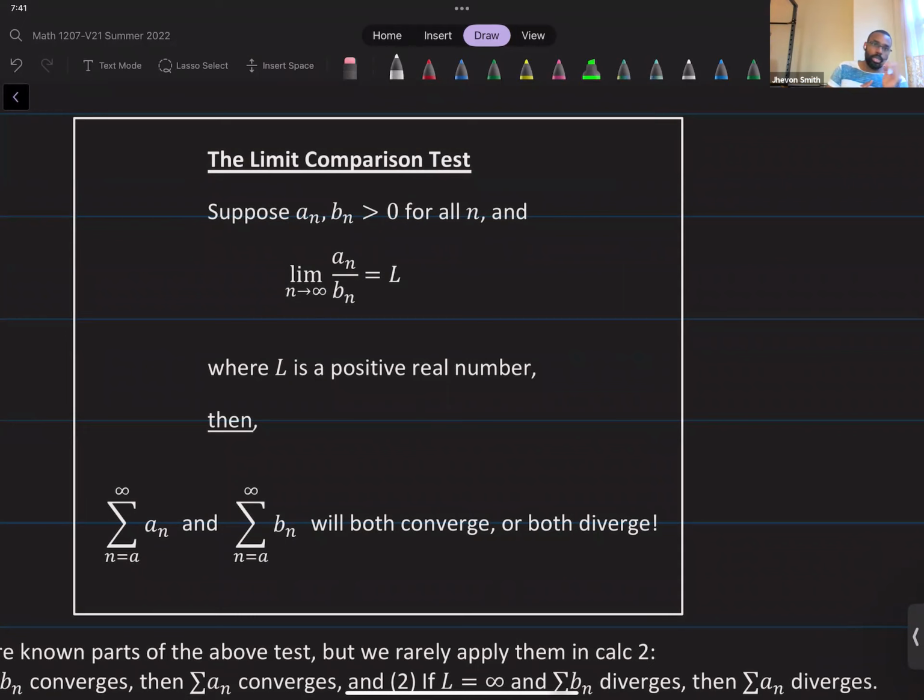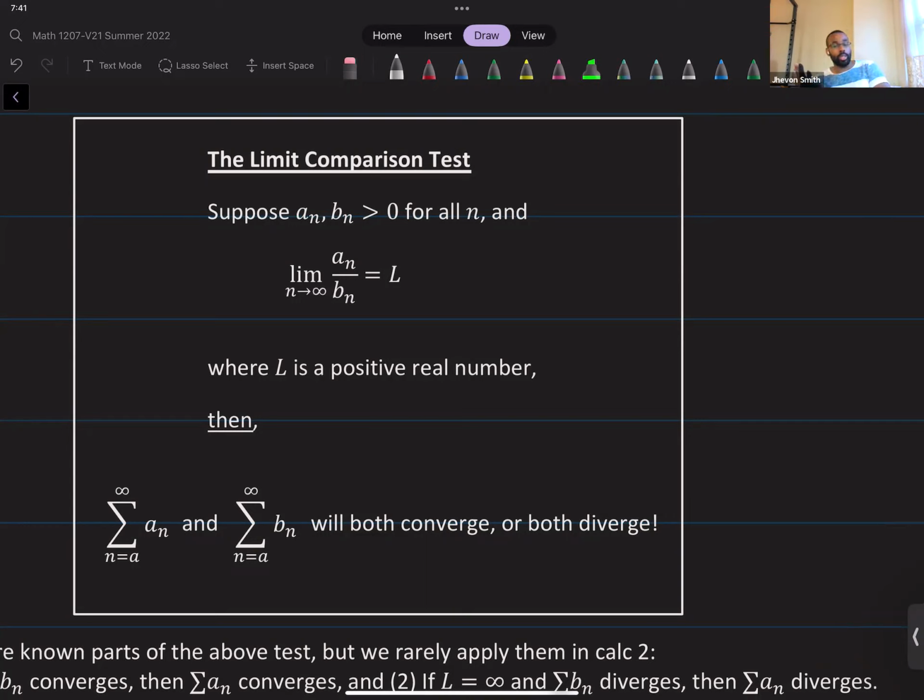If I take their ratio and the limit as n goes off to infinity and I get a positive real number, then I can make a conclusion. If that doesn't happen, I can't. But if it does, the a_n and the b_n will behave the same way. Essentially, one behaves like a constant multiplier L times the other one as you go off to infinity.